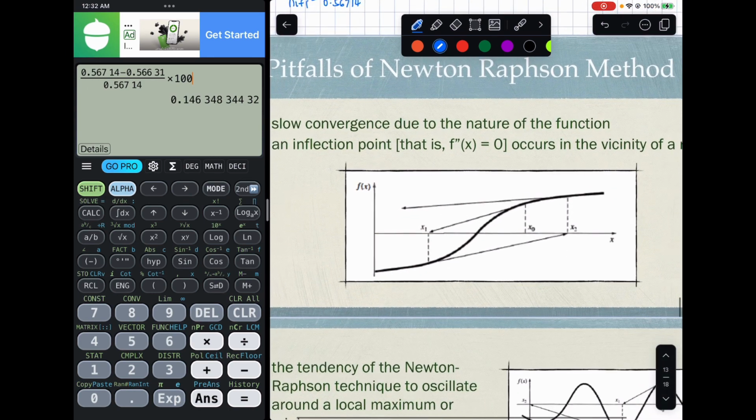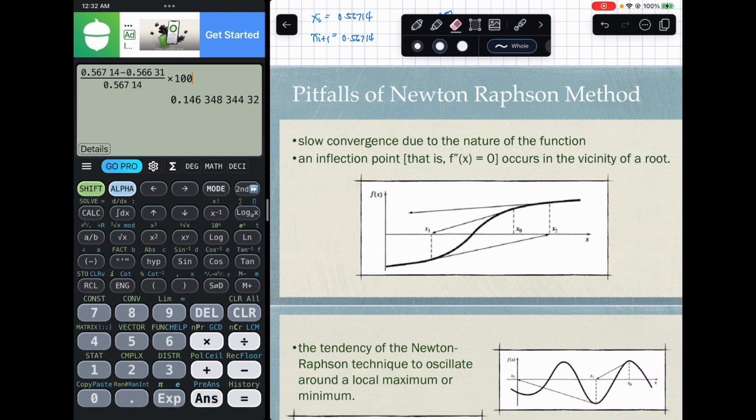So these are actually the pitfalls of the Newton-Raphson method. As you can see on the given graph, this would be the root. Since it uses the tangent line, the line that touches only one point of the graph, if the function's graph is like this one, there's a possibility that during the first iteration we'll have this value for x sub 1, and then we form another point.